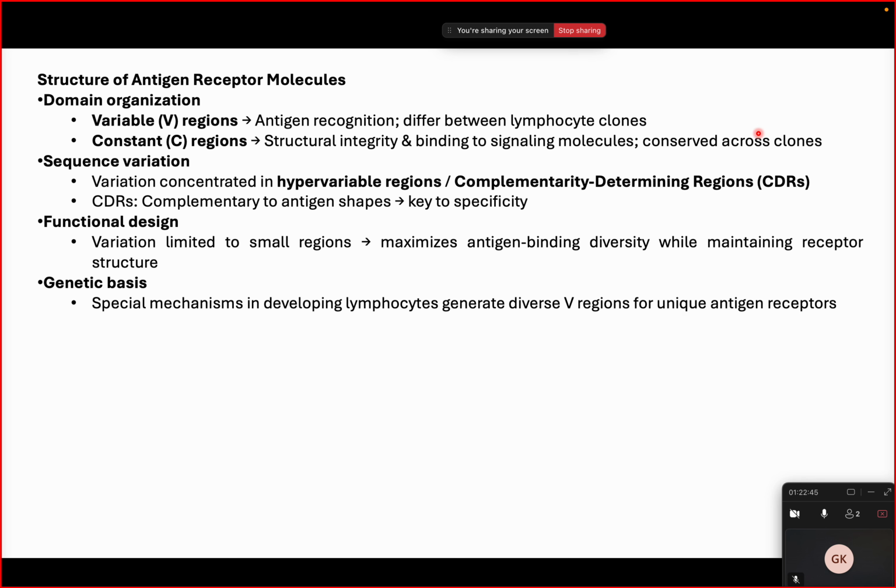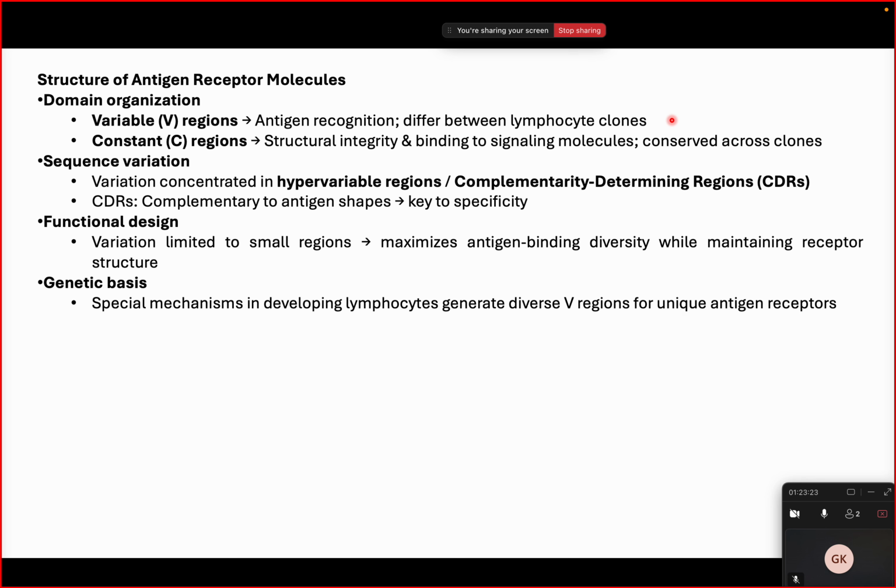Okay, which means, you remember the example which I showed you earlier in clonal selection, in A type of cell, anti-A type of receptor will be there. Excuse me. In B cell, anti-B type of receptor will be there. So both the antigens will be recognized by different cells which have anti-A and anti-B receptors. Okay, and that region will be the variable region of the antibody or the receptor.